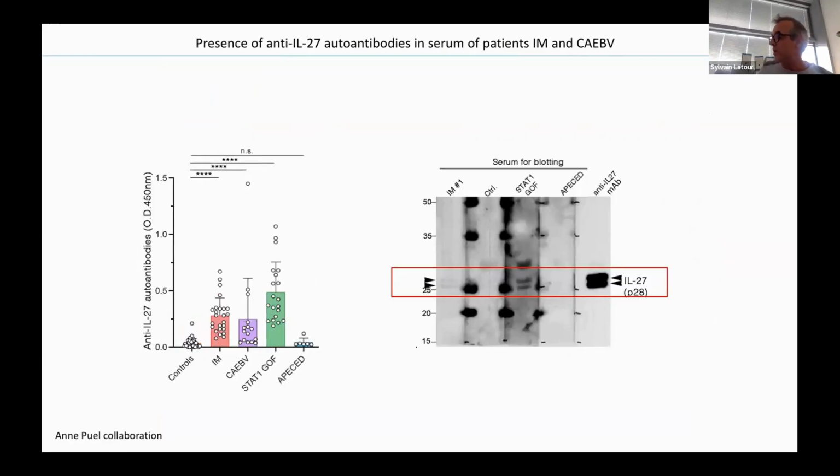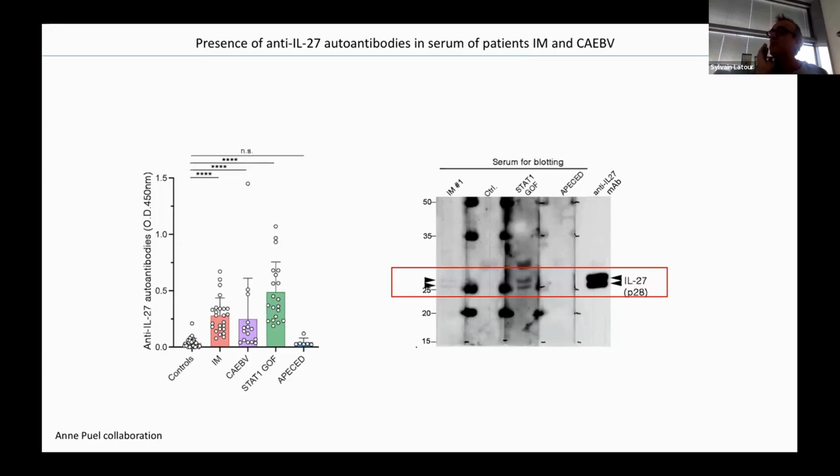So finally, I would like to finish with an interesting observation that we had in this study. As you know, there is now accumulating evidence of the role of anti-cytokine autoantibodies in several infectious diseases, phenocopying inborn errors of immunity that predispose to these infectious diseases, such as autoantibodies raised against IL-17 or type 1 interferon.